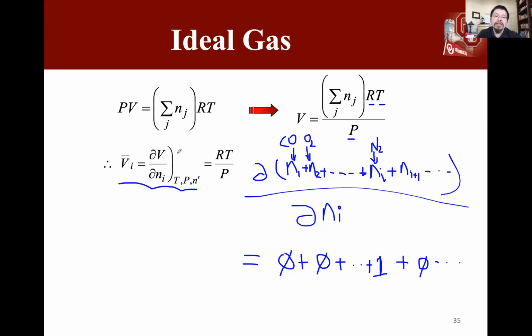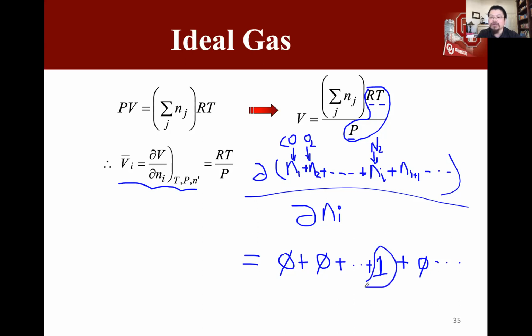So this is why now if you take a look at this term, this RT over P would be constant, so I can move them outside of the partial derivative term. And over here, when I have this summation of j from 1 to m, then take the derivative with respect to Ni, this is just 1.